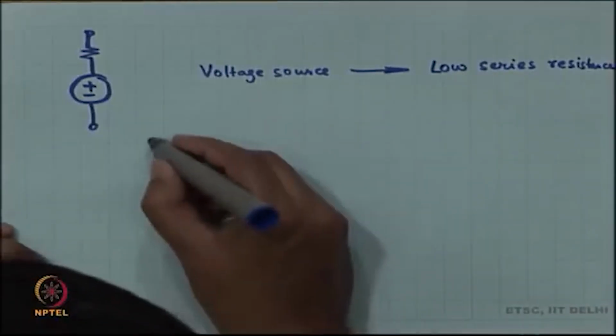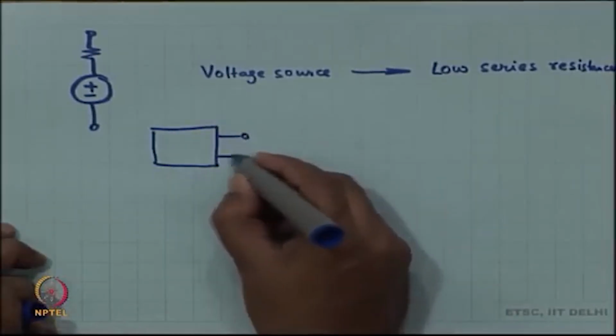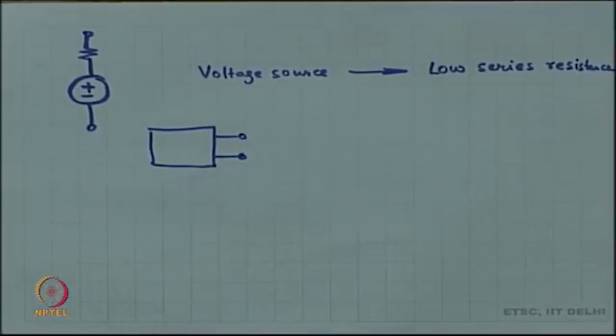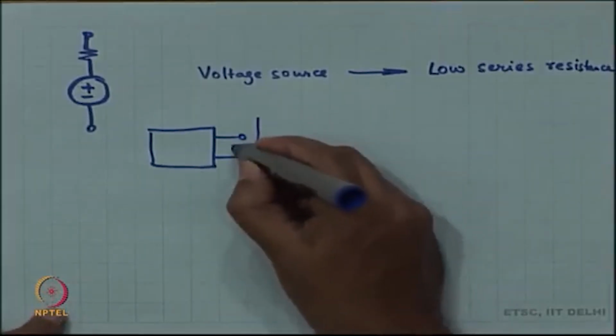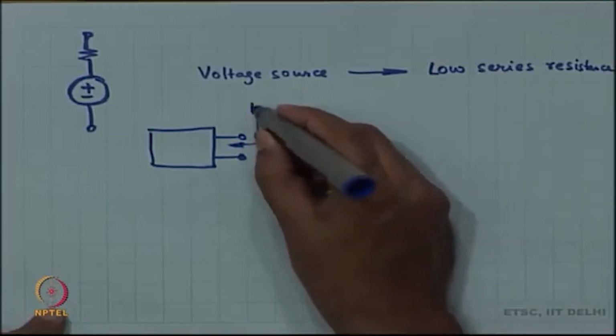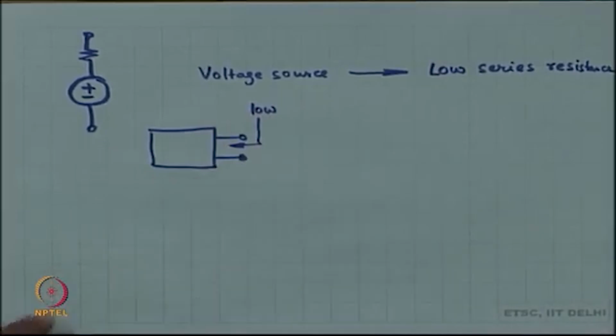If I have, let us say, a box and I measure the Thevenin equivalent or Norton equivalent impedance of this box, and if this output impedance is low, then that means this box behaves like a voltage source. Is this okay?